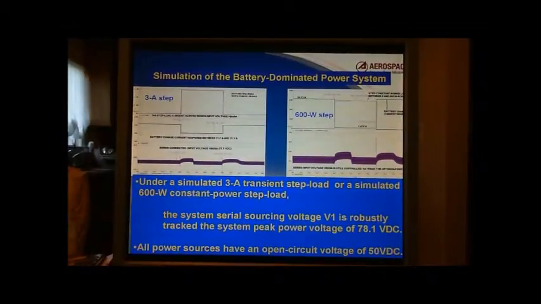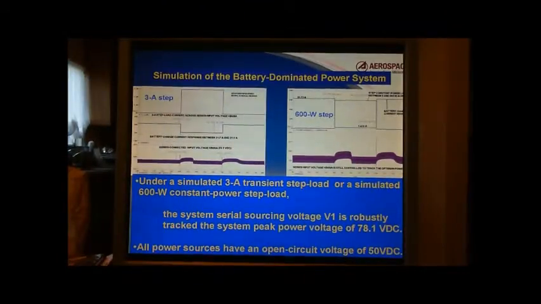In this case, the 3 amp step load steps from 0 amp to 3 amp, causing the battery charge current response to reduce the charge current from 31.7 amp to 21.1 amp to accommodate the power increase in the high voltage load across the total system serial input voltage V1.